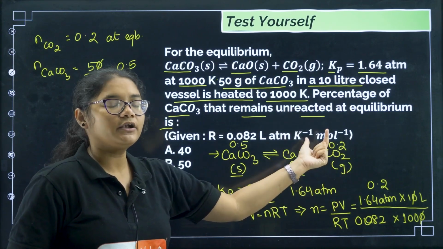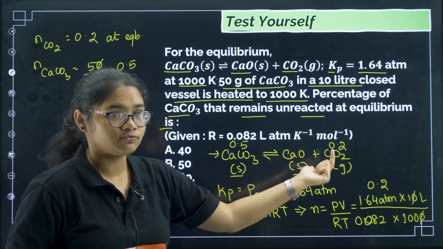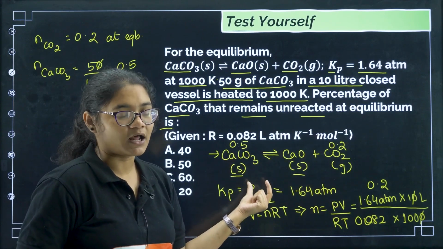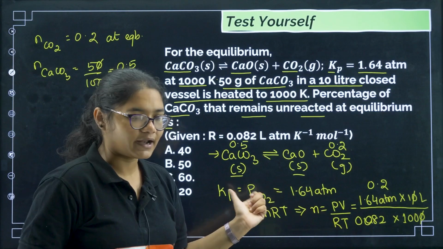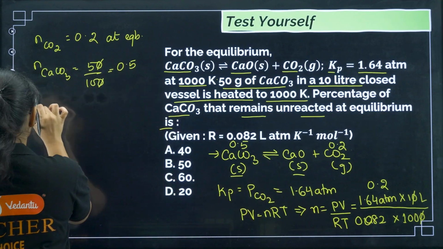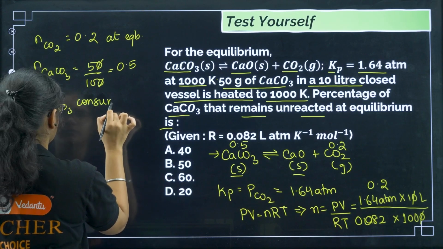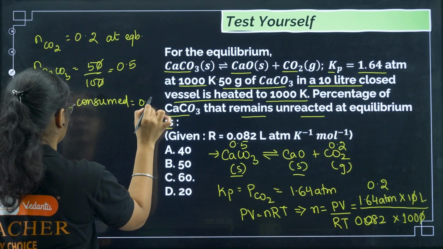If 0.2 moles of carbon dioxide is formed at equilibrium, that means 0.2 moles of calcium carbonate must be consumed, right? So number of moles of CaCO3 consumed will be 0.2.